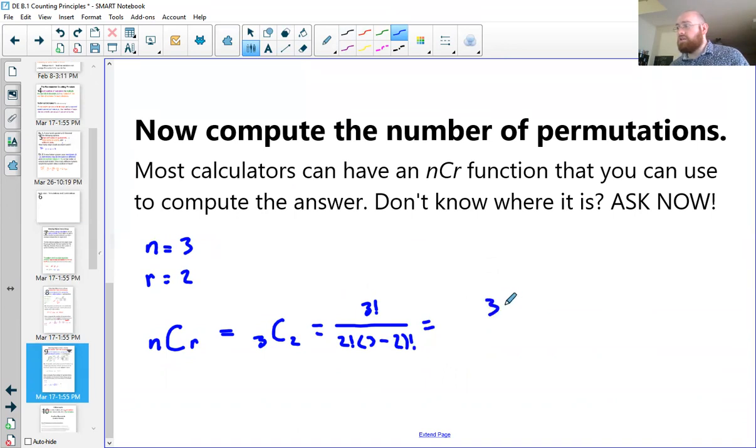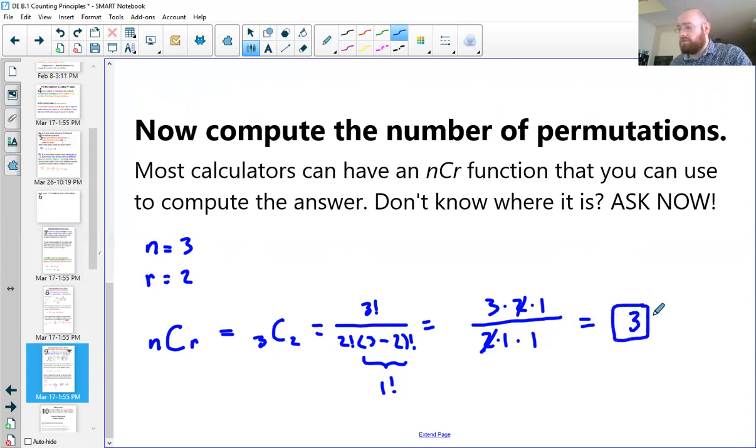So we have 3 times 2 times 1 over 2 times 1. Remember that 3 minus 2 is 1, and 1 factorial is 1. So now our 2's cancel out, our 1's obviously cancel out, and we're left with 3. And so this is it for our example on combinations.